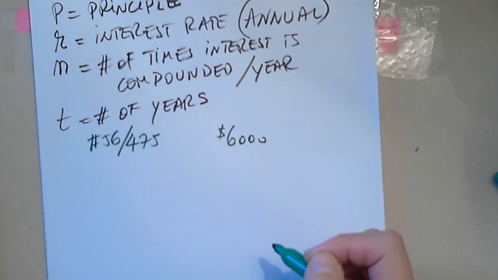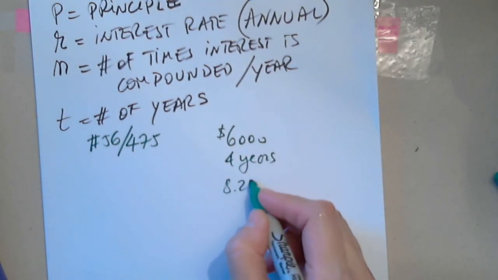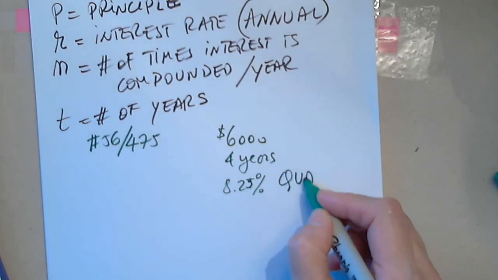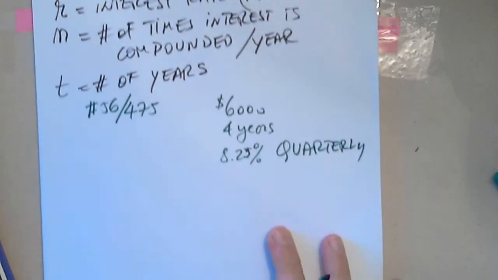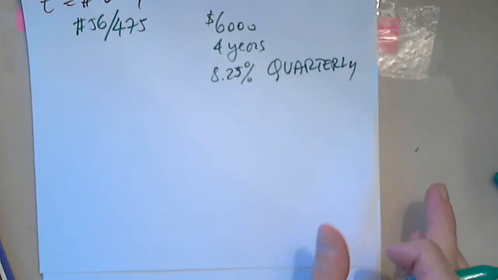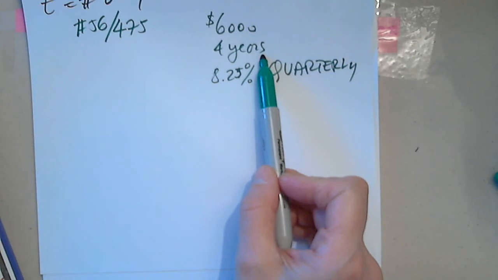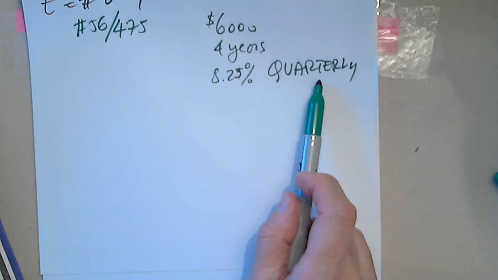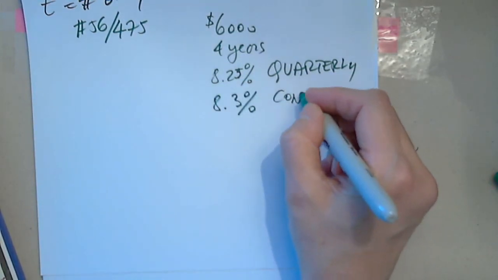Which investment yields a greater return over 4 years? 8.25% compounded quarterly, or 8.3% continuously? So you have $6,000 to invest for the next 4 years. Which is the best option?